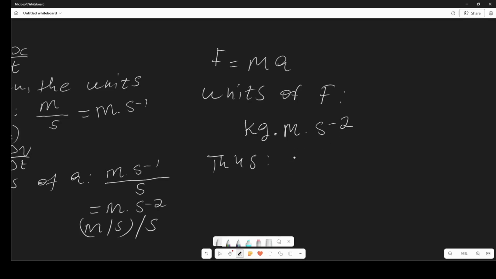We state that 1 Newton, which is 1 unit of force, which is a name given to these units, is equal to 1 kilogram meter per square second. All right, that's it for now.